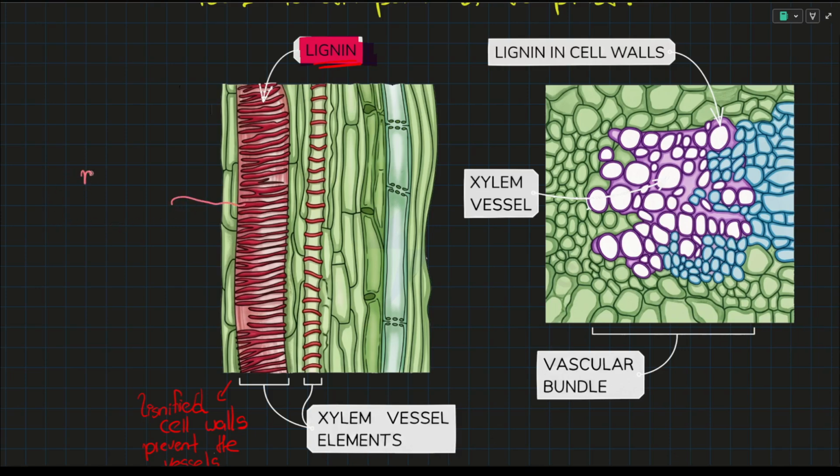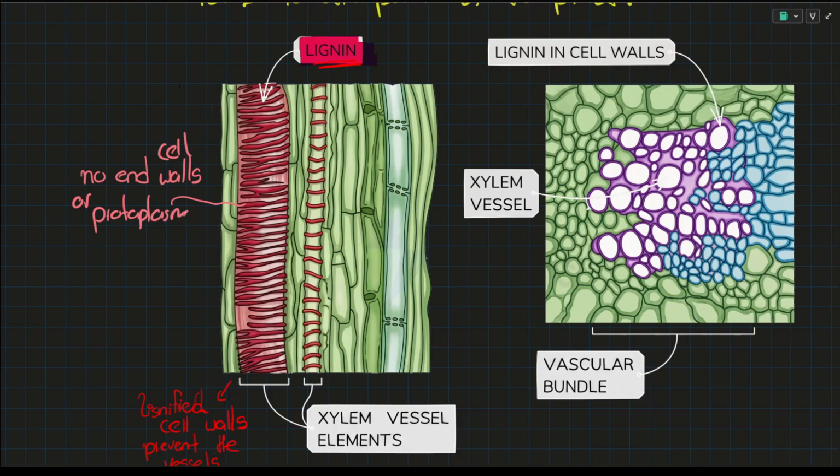Now let's comment on that like this. Xylem vessels have no end walls. What do you mean end walls? No end cell walls. If you're talking about a plant cell, a very distinguishing factor that a plant cell should possess would be the cellular wall, apart from the cell membrane. But here, even if xylem vessel elements are made out of plant cells, they don't have end walls or a protoplasm.